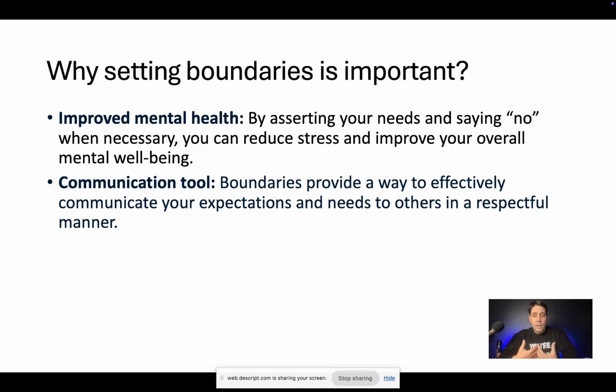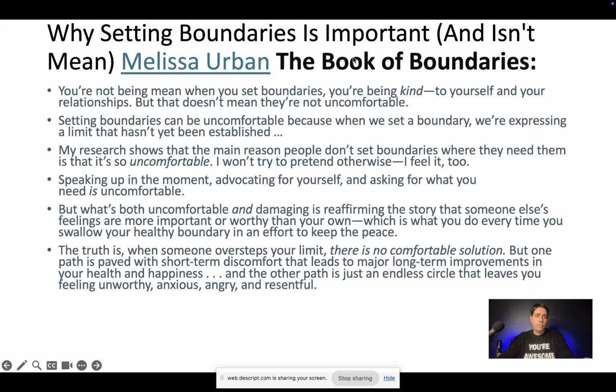In the past, when my boundaries were less clear, it really started to play with my mental health when my classes were doing things that I didn't want in my classroom. And so let's clarify up front and then create a wall or a fence so that we can protect our boundaries. From Melissa Urban's book, The Book of Boundaries.